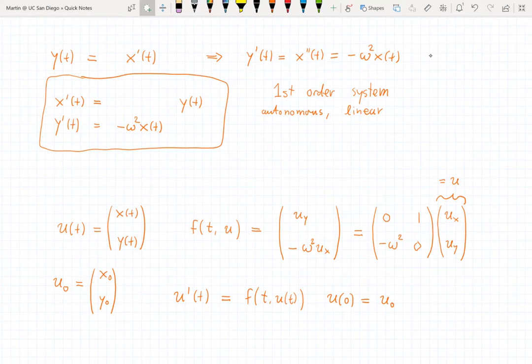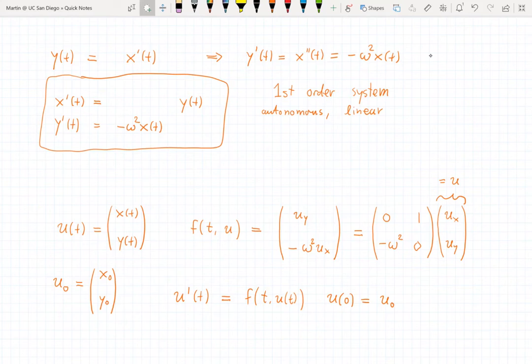And if you take a sharp look, you actually recognize that you can rewrite this as a matrix vector multiplication. Namely, let's put up a matrix of size 2 times 2. The first row is 0, 1, and the second row is negative omega squared, 0. And we multiply this matrix with the two-dimensional vector u with ux and uy as coordinates.